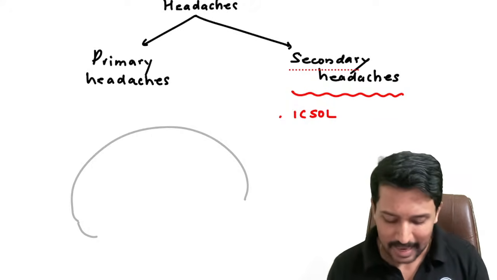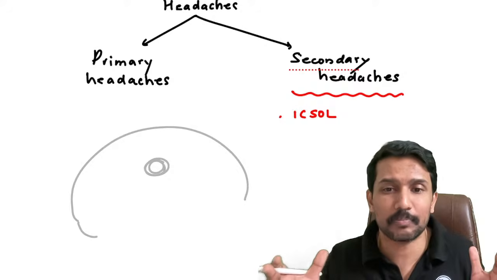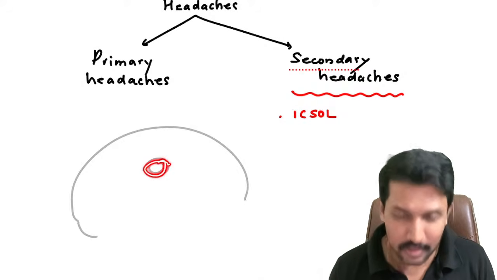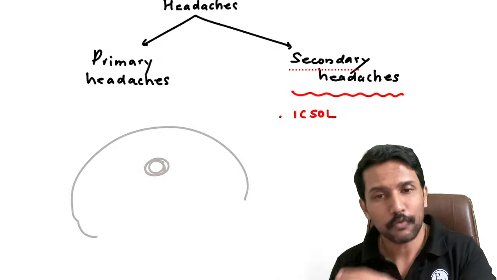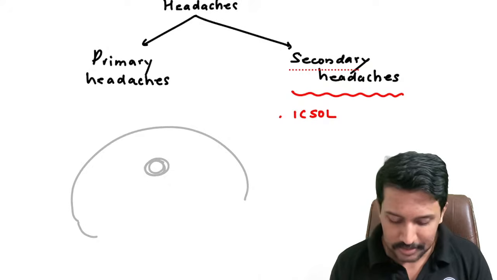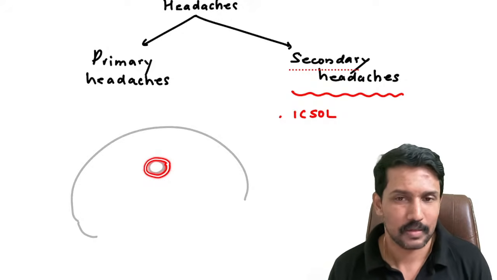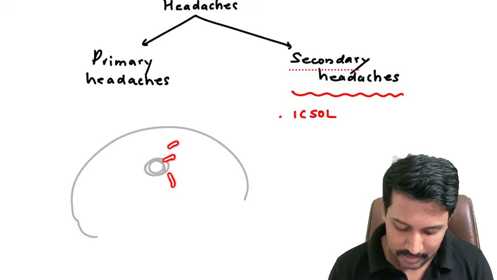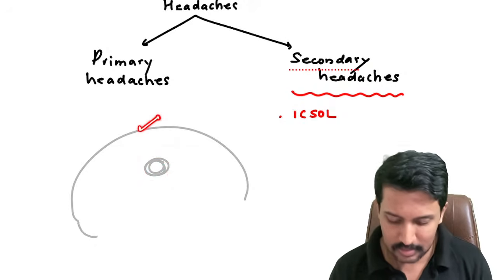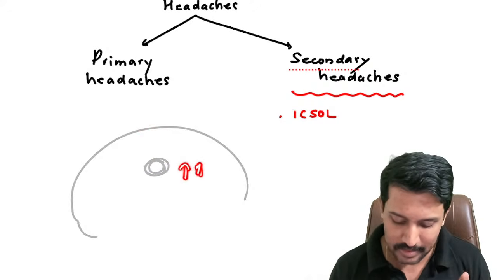If anything else is added inside this cranium, the cranium cannot expand, so there is no space available to accommodate this foreign object or an extra item being added. So they are literally eating the space available for normal anatomical structures, literally compressing the surrounding structures, and because the cranium cannot expand, there will be a rise in pressure inside the cranium.